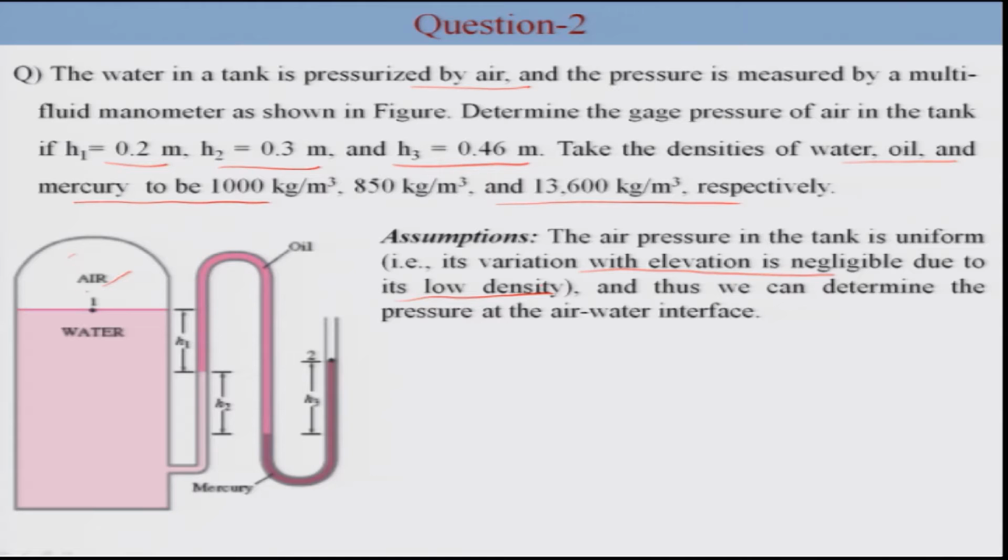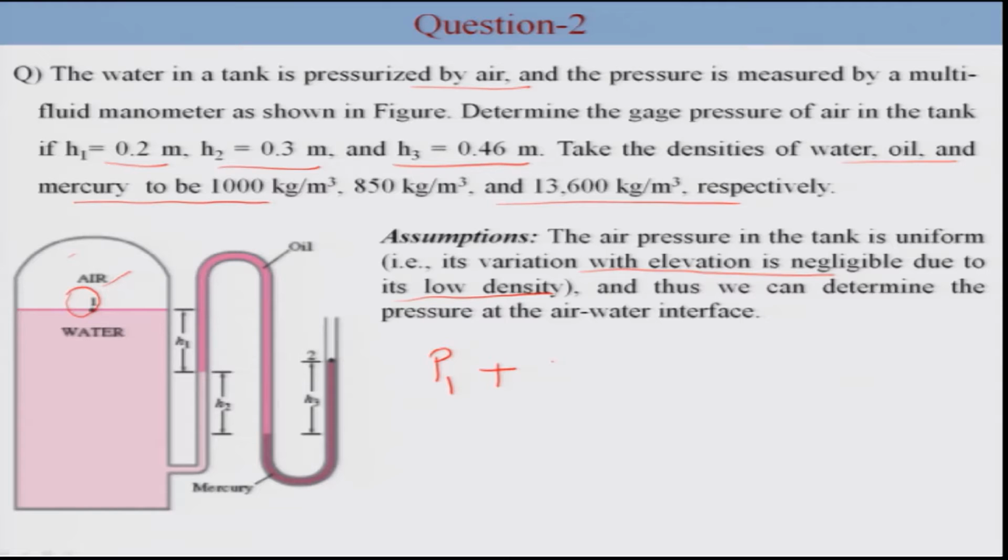If we start with pressure at point 1, we can write this as P1. So pressure at point 1, the pressure of air, is P1. Now if we move in the downward direction, pressure will increase, and it will be multiplication of density, the height which we are moving downwards and the acceleration due to gravity.